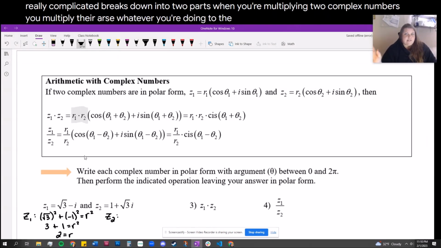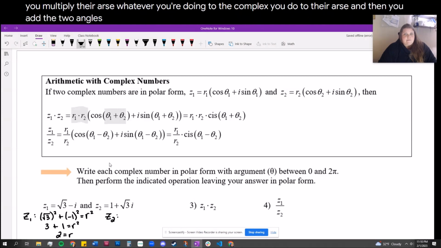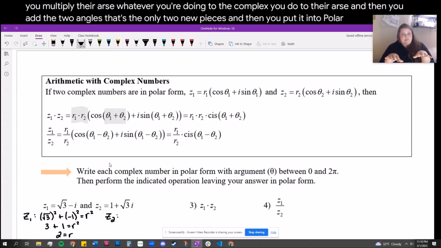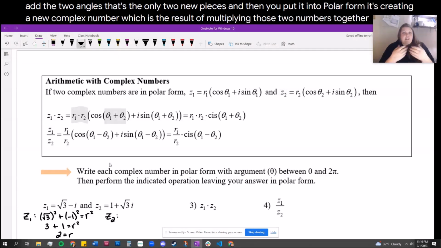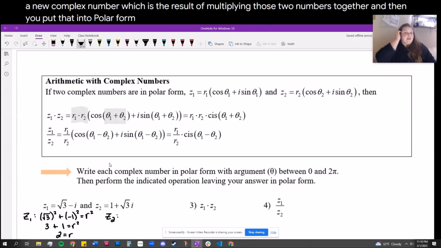Whatever you're doing to the complex numbers, you do to their r's. And then you add the two angles. That's the only two new pieces, and then you put it into polar form. It's creating a new complex number, which is the result of multiplying those two numbers together, and then you put that into polar form. When you're dividing, you divide the r's and subtract the angles.